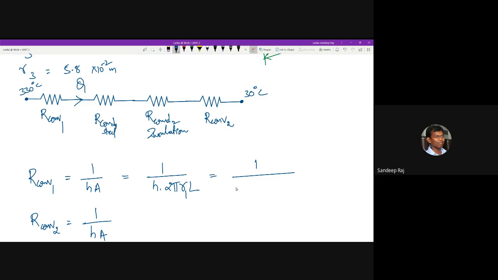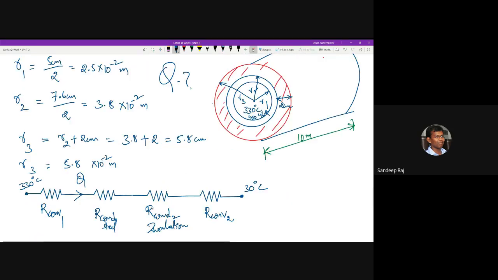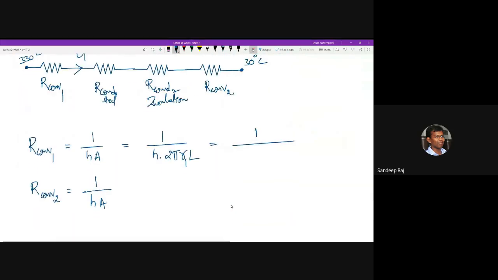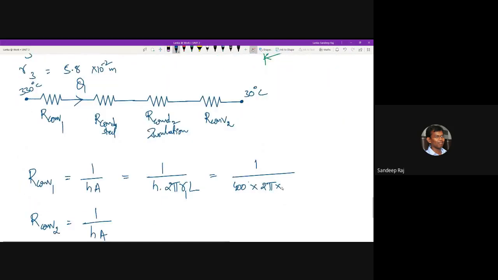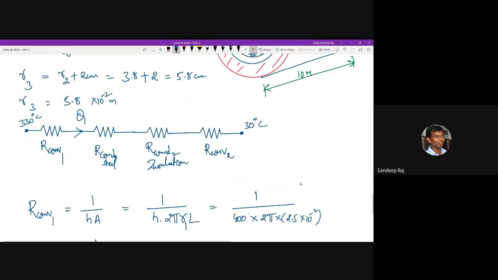What is the H value on the inner side? H1, given in the question as 400 watt per meter square Kelvin, and then 2 pi R1 value. What is the R1 value? It is 2.5 into 10 power minus 2, and the length is given as 10 meters.